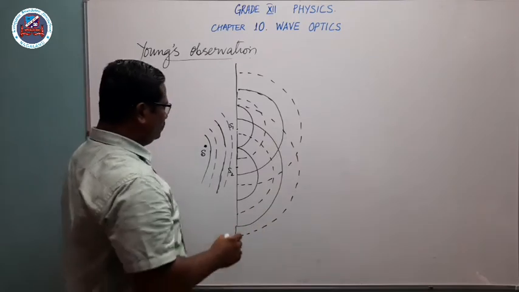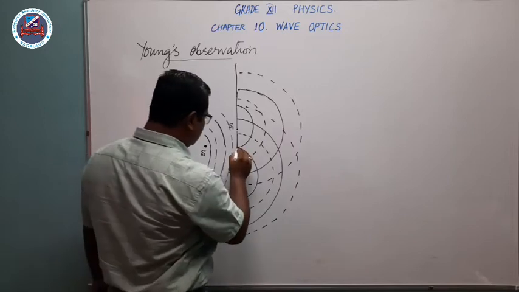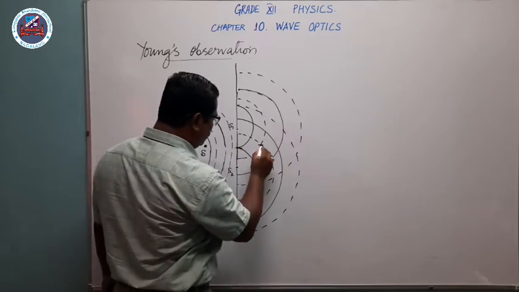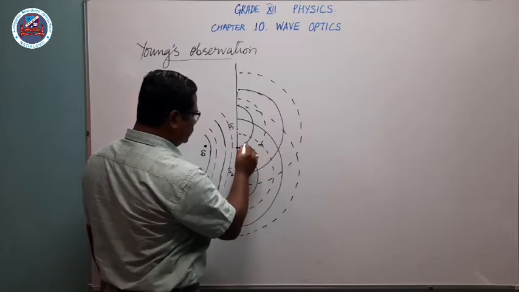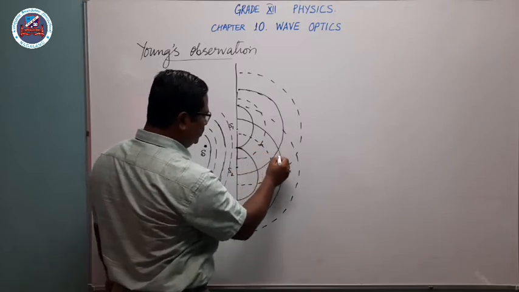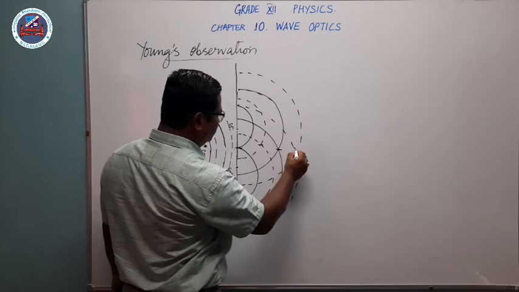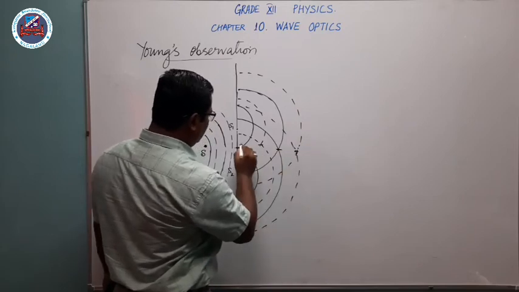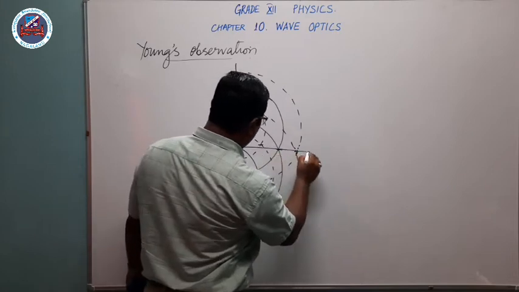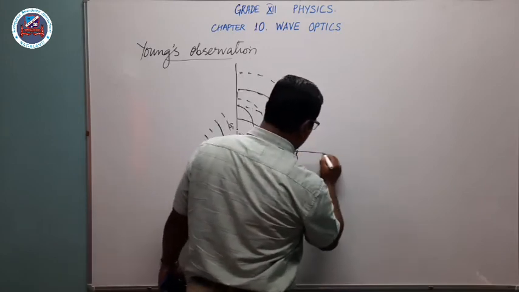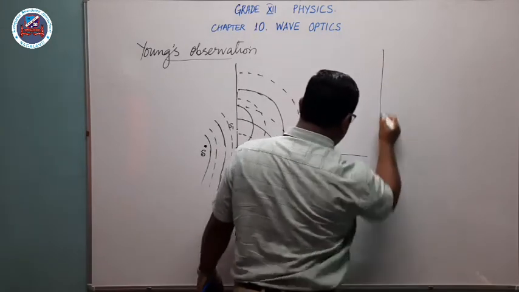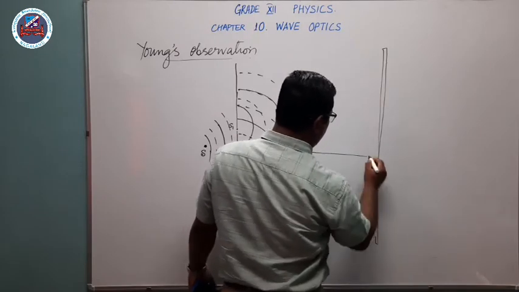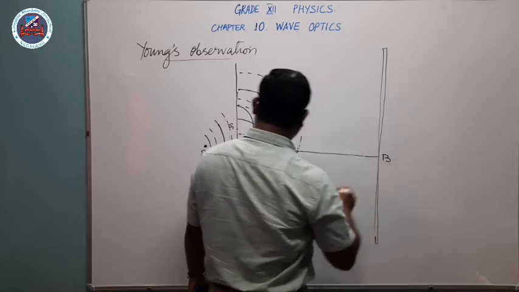Now what you observed was the positions where the crest overlaps and trough overlaps, dotted line, solid line, where they overlap, there if you join, you saw that by keeping one screen at some distance, bright light is formed.